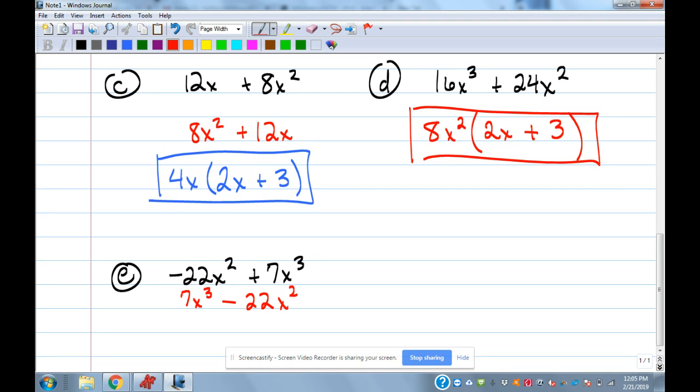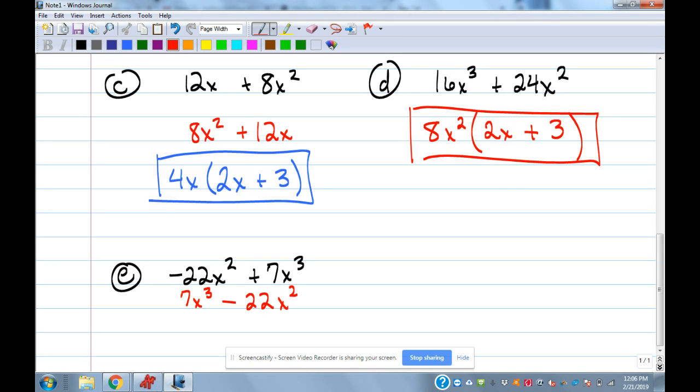Okay. Now, 7 and 22, what do they have in common? Let's think about what are the factors of 7? 1 and 7.